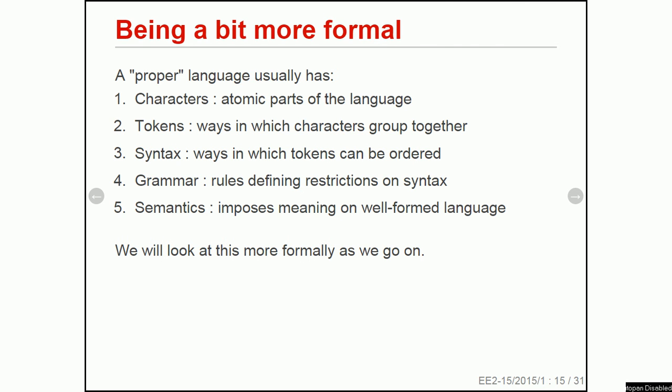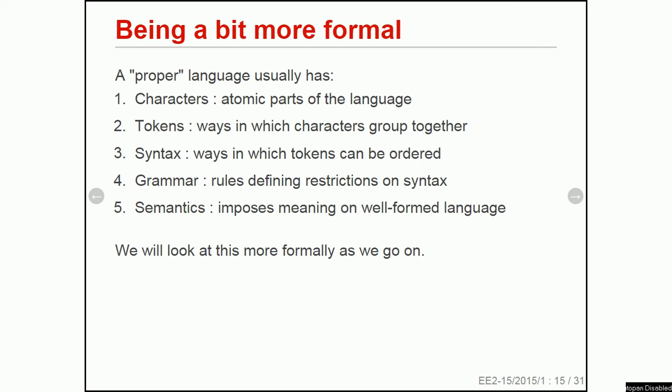So trying to be a bit formal about this, the kinds of things that we'll be looking at is this sort of hierarchy from the lowest level primitives of language up to the highest level overarching meaning giving properties of languages. So from our point of view, languages at the primitive atomic level consist of characters or bytes, or it could be Unicode points, and these are the indivisible parts of the language.